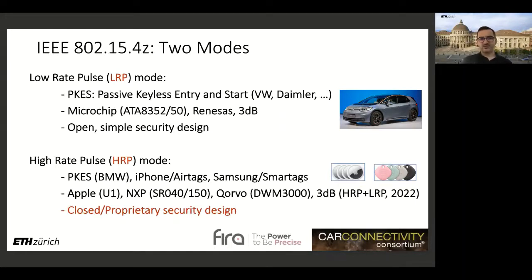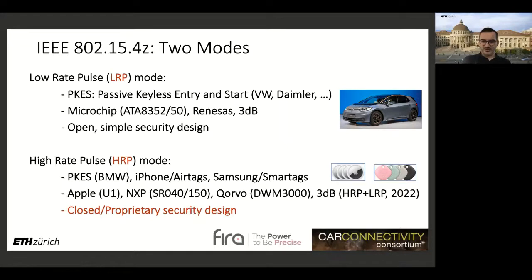And so there are two modes in this standard. One mode is a low rate pulse mode, LRP, and the other one is a high rate pulse mode, HRP. LRP is used primarily in automotive; HRP is used in automotive, but also has already been deployed in smartphones and smart tags.